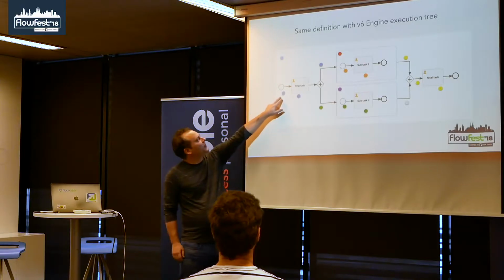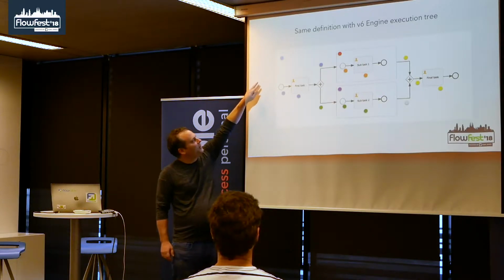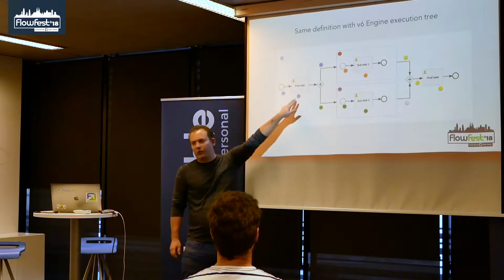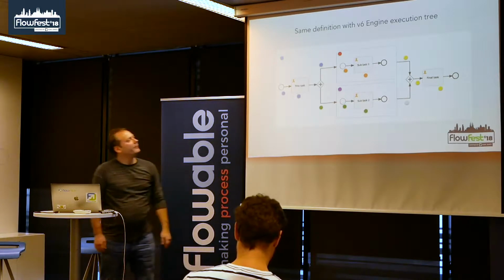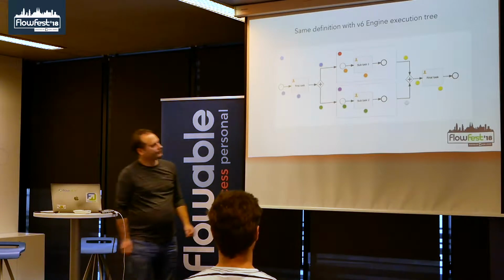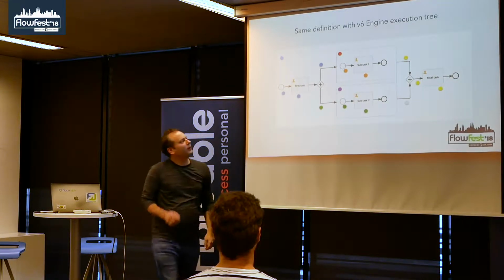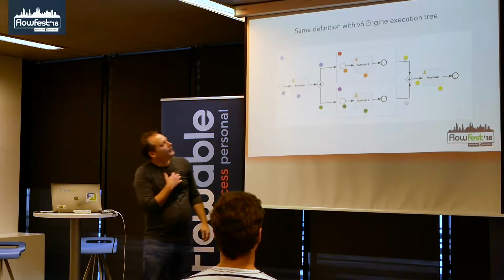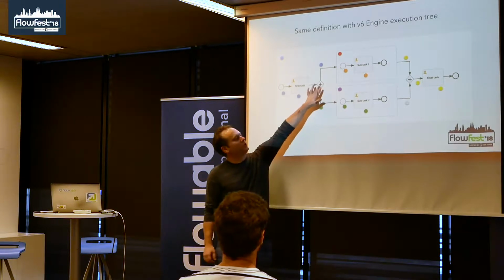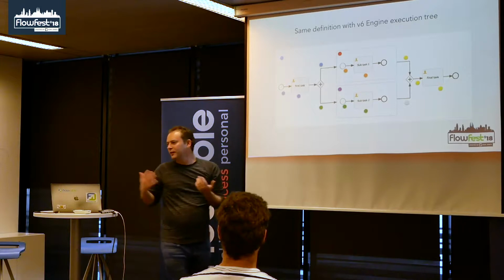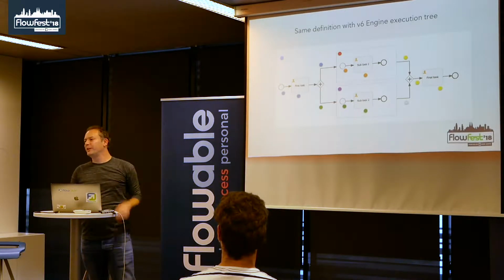Then we create a child execution of that process instance execution to go through the process when starting it. And when we arrive at the fork parallel gateway, there's no execution waiting here anymore, because there was no real reason for it.